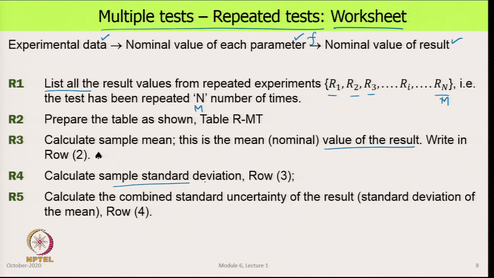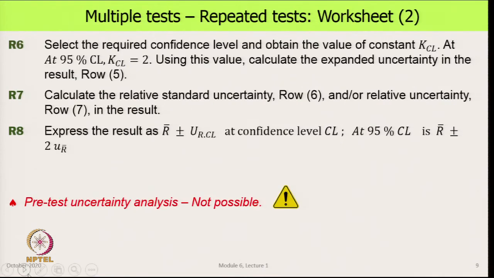Then we calculate the sample standard deviation, then the combined standard uncertainty, then we select the confidence level and obtain the constant KCL. From that we get the expanded uncertainty and finally the relative uncertainty, and then put all things together and make a statement of the result.